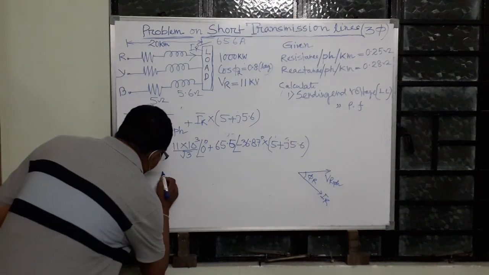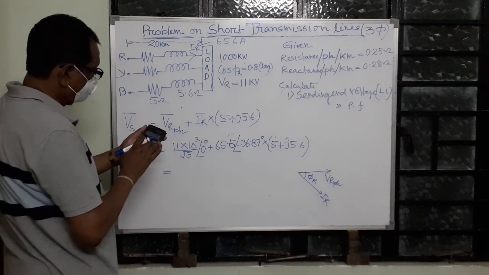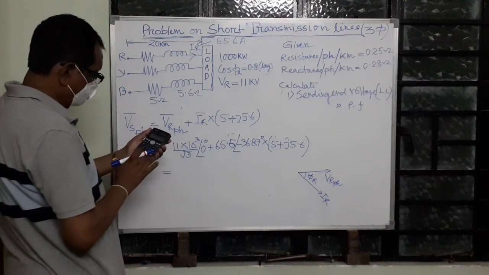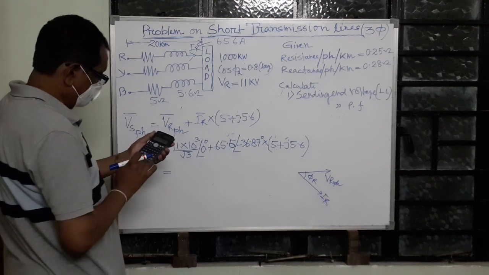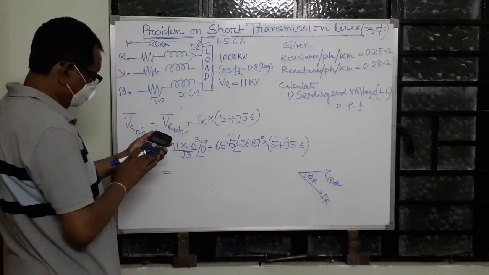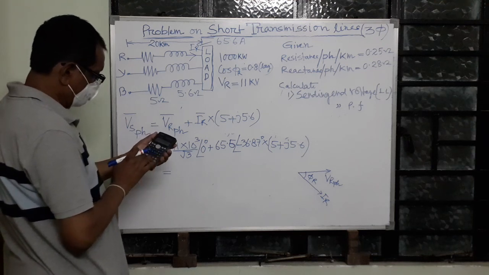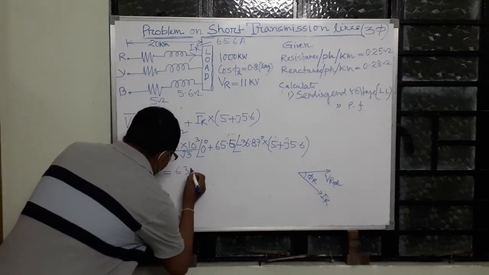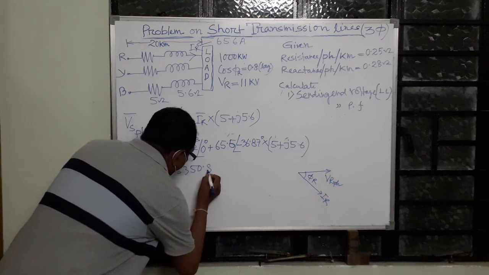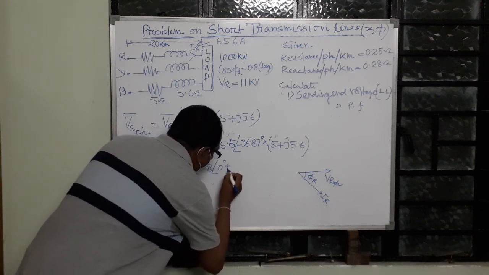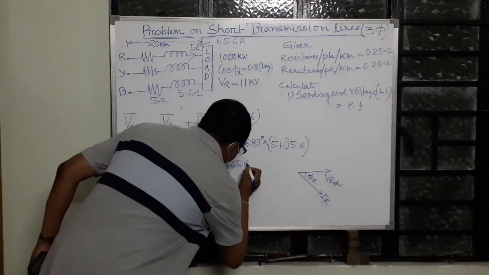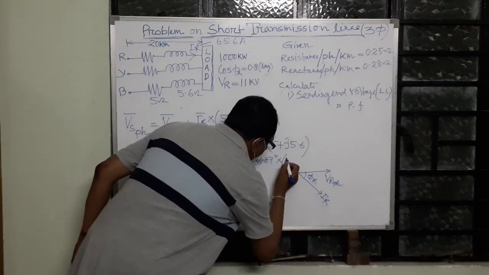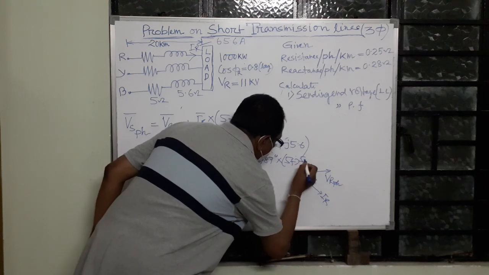At first we write here 11 into... 6350.8 angle 0 degree plus 65.6 angle minus 36.87 multiplied by 5 plus j5.6.